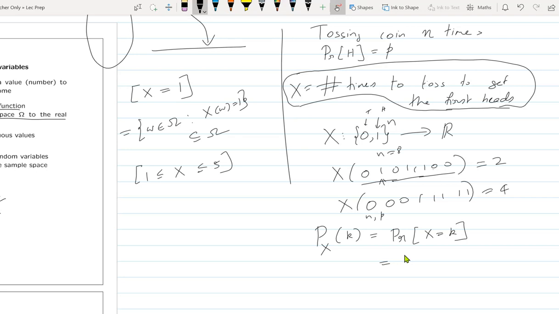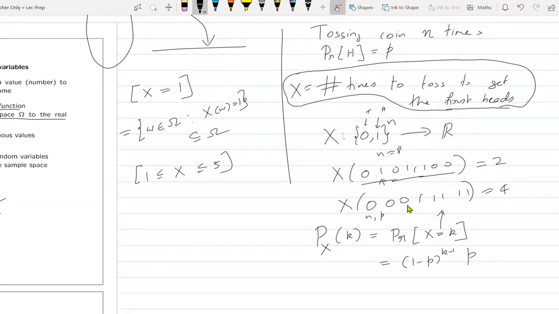What do you think? 1 minus p to the power k minus 1 into p. Is that clear to everyone? Which are all the occurrences? This event will have strings where the first k minus 1 bits are 0 and the kth bit is 1.